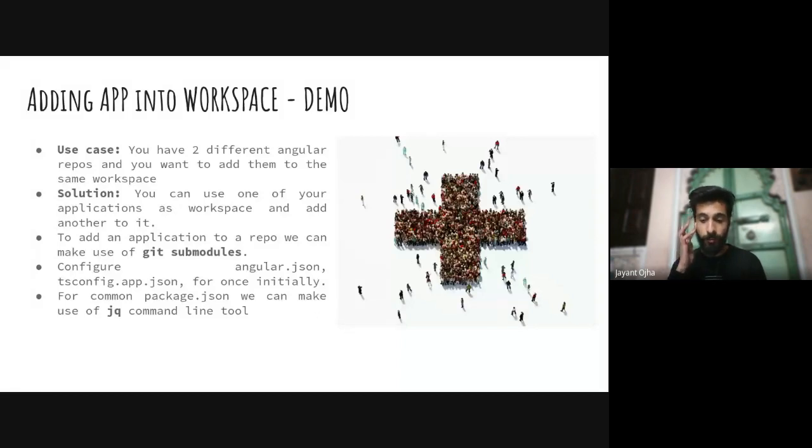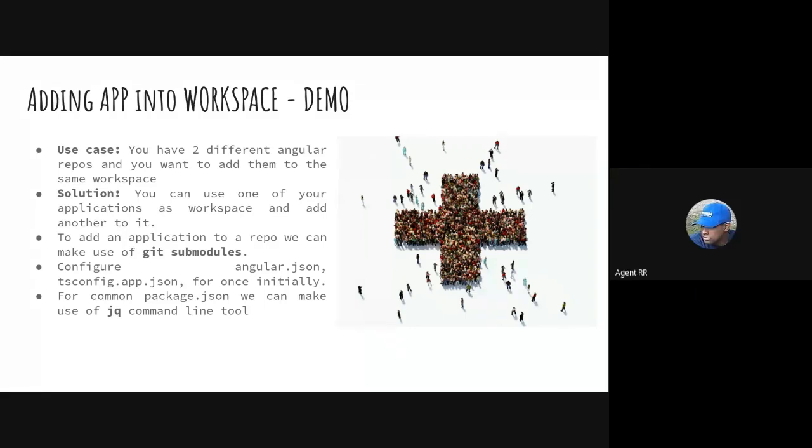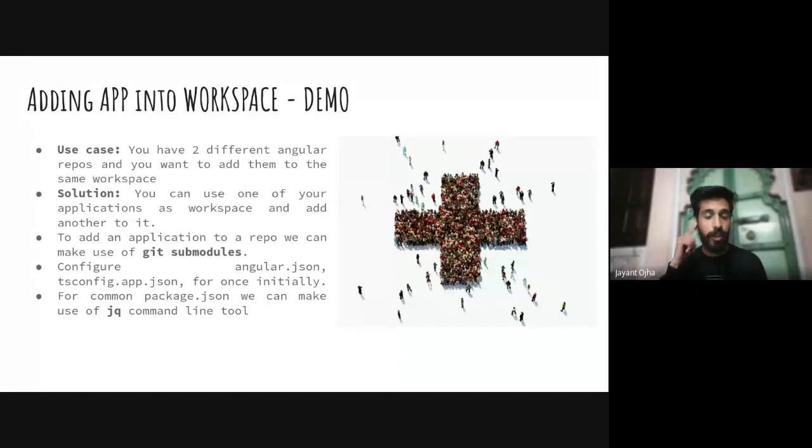Akshay was able to give you a brief presentation of how you can build an Angular workspace from scratch. But the use case is, if you have 2 different applications or 2 different repositories, how do you merge them and put them into the same workspace? That is something that I'm going to provide a solution for. For that, I'm going to make use of Git submodules.